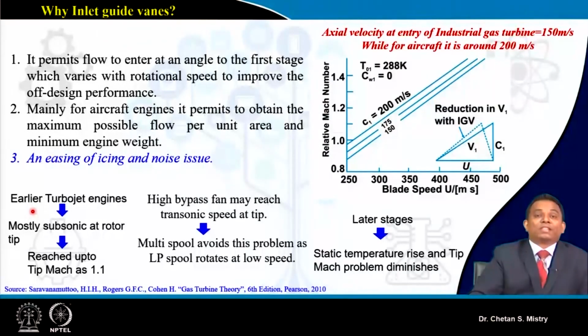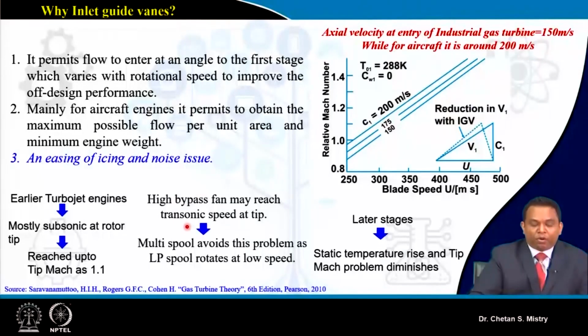Later on, during the 70s, people realized that in place of controlling this relative Mach number by rotating the wheel at low speed, we need to think of some other alternative, and that gave the idea of incorporating different transonic aerofoils. For most modern high bypass ratio engines, they have transonic aerofoils.